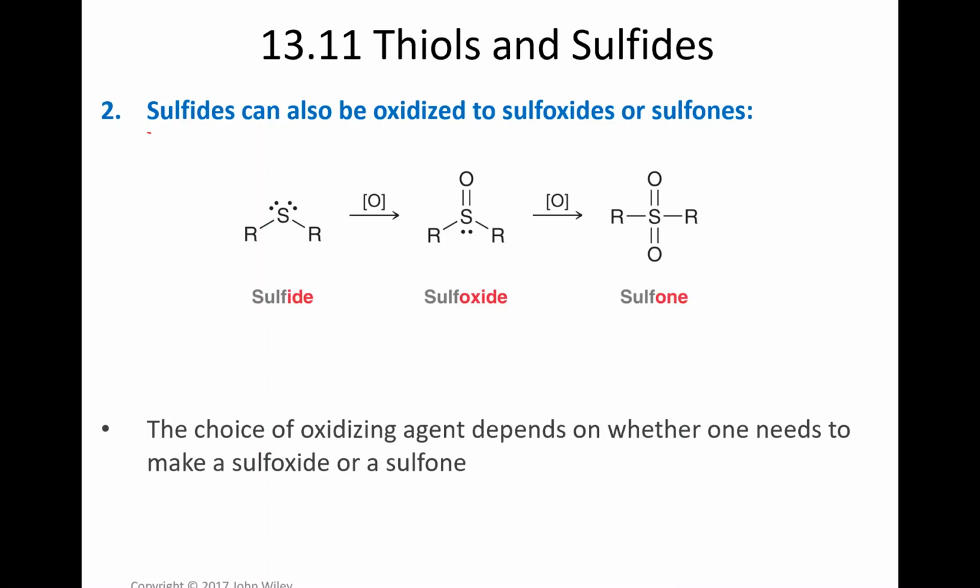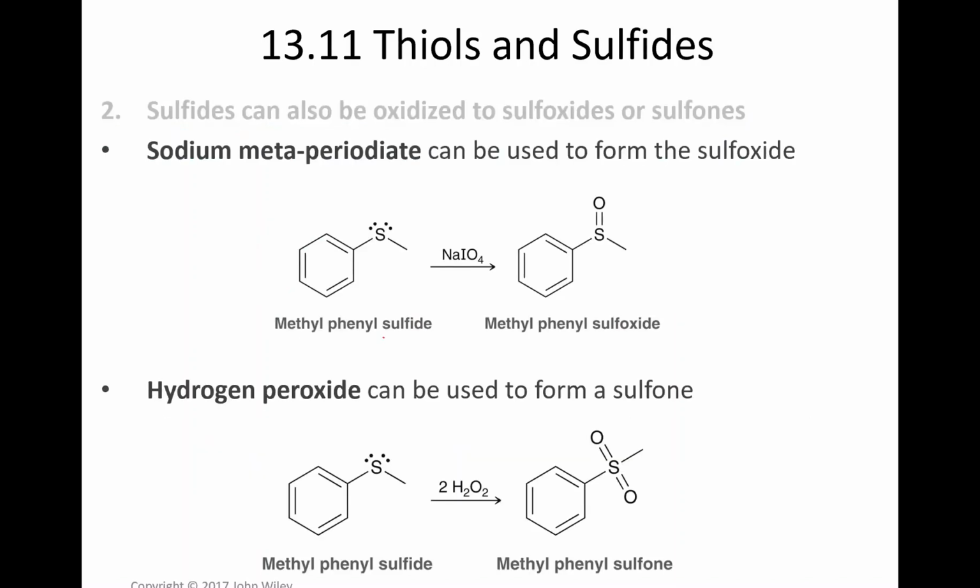You can also oxidize sulfides to either sulfoxides or sulfones. And the choice of oxidizing agent depends on whether you need to produce the sulfoxide or the even more oxidized sulfone.